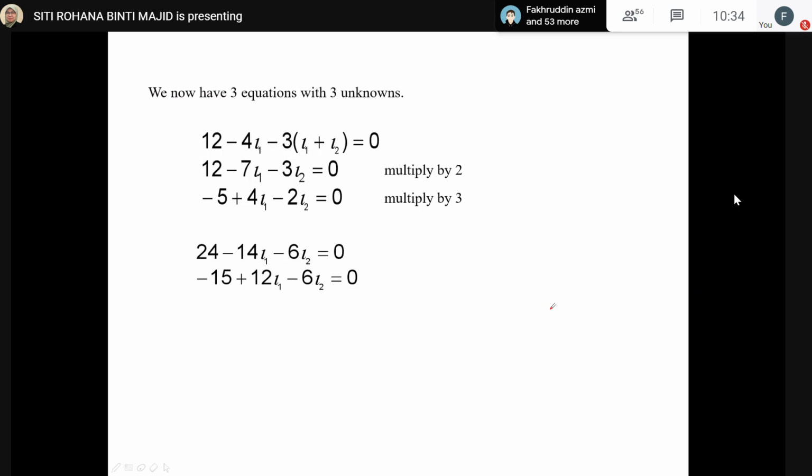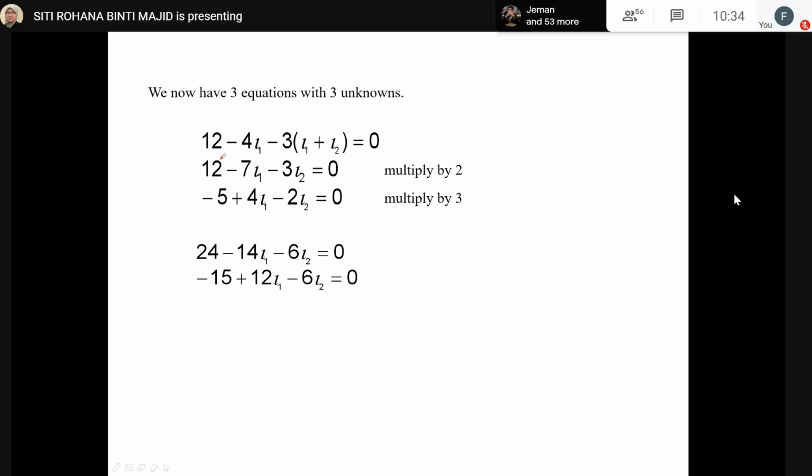So you insert I2 plus I1 for the I part, and then you will get 12 minus 7I1 minus 3I2 equals 0. And then for the second loop, you have -5 plus 4I1 minus 2I2.